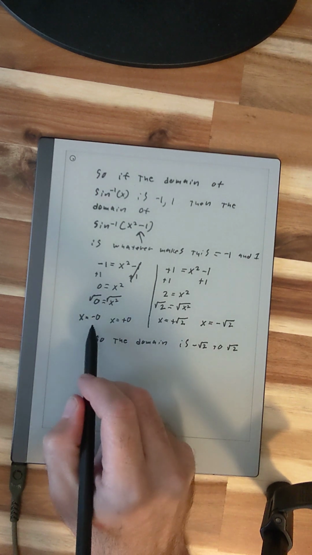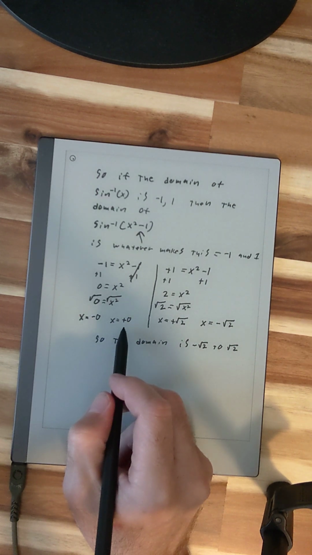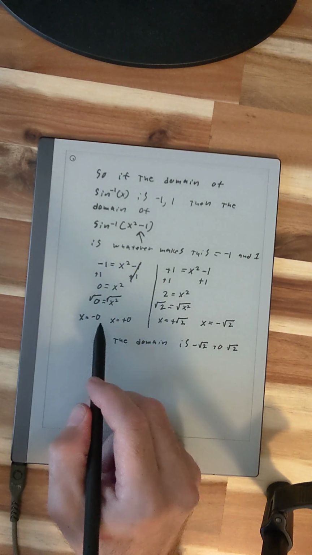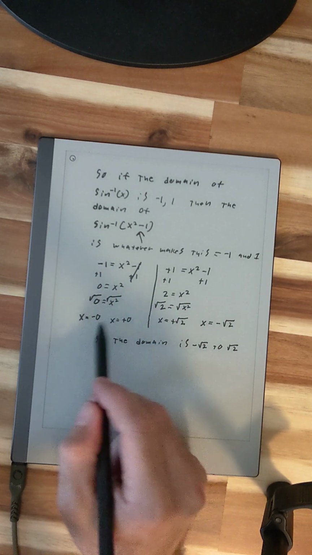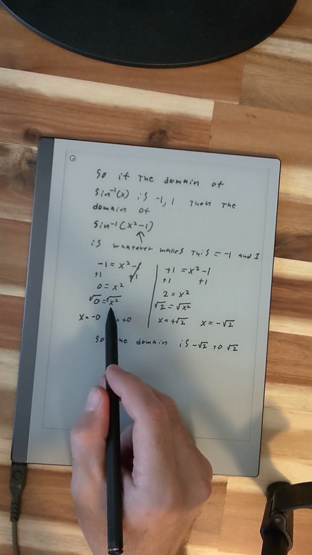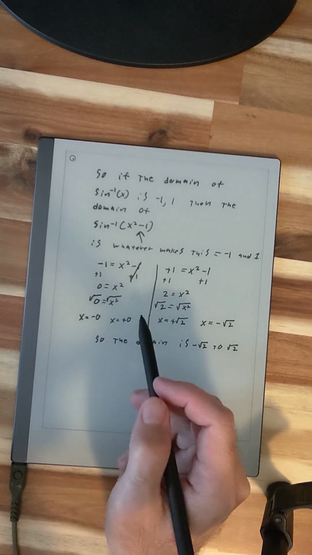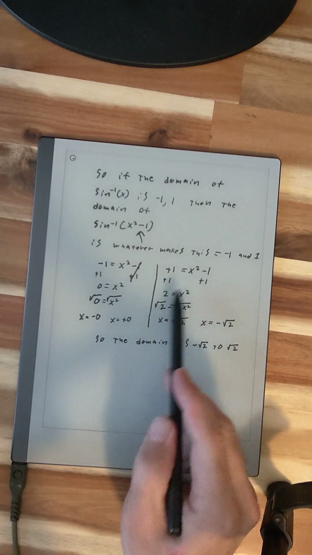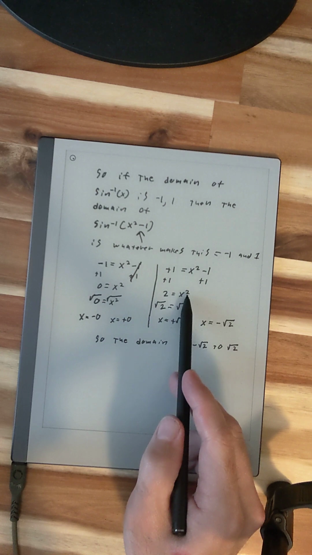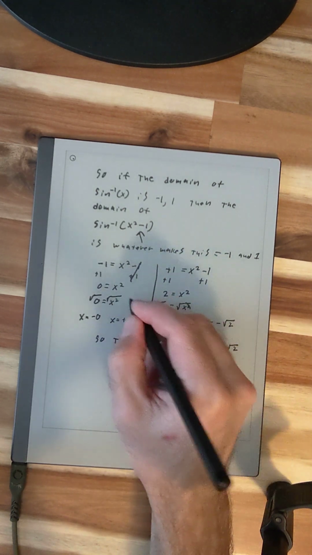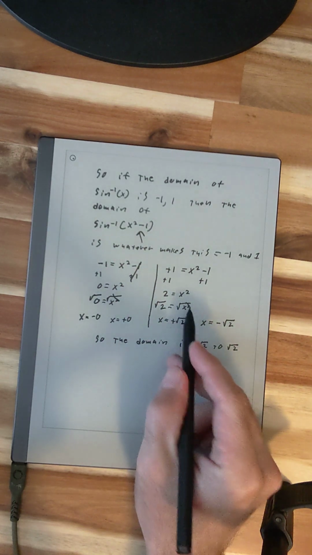I put negative 0 and plus 0 here because whenever you have a square root, your result is a plus or minus, right? Because when you square something like negative 1 times negative 1, it always comes out to a positive. Over here, we have the same thing, 2 equals x squared, square root of 2. These square roots and squares cancel.